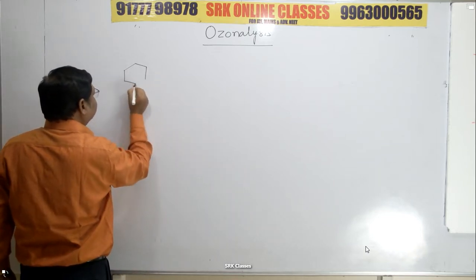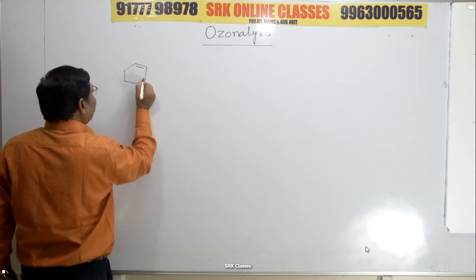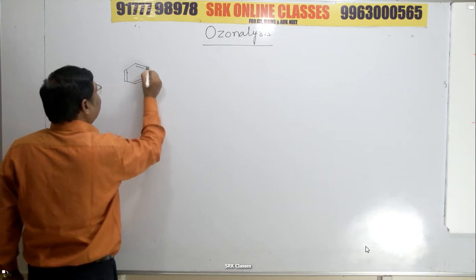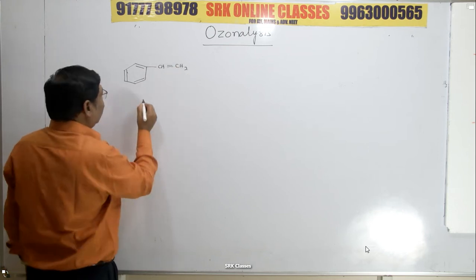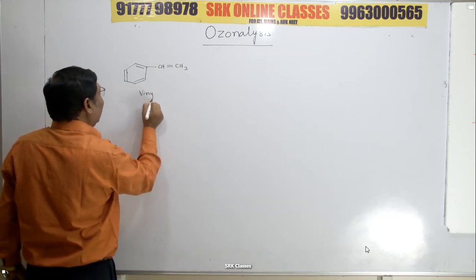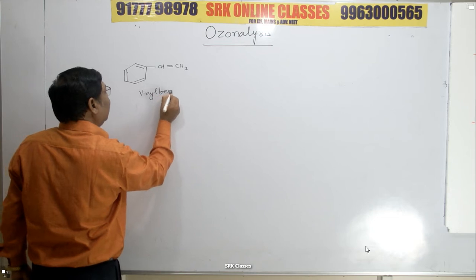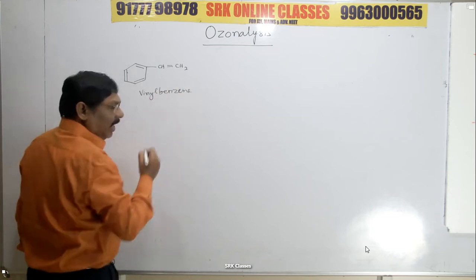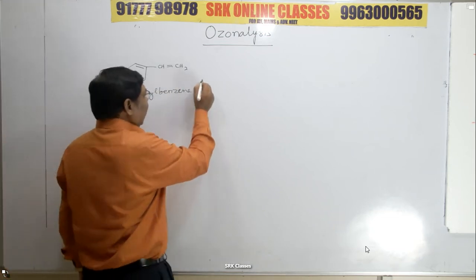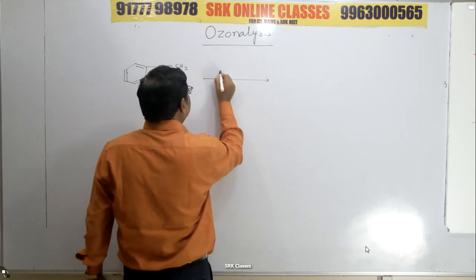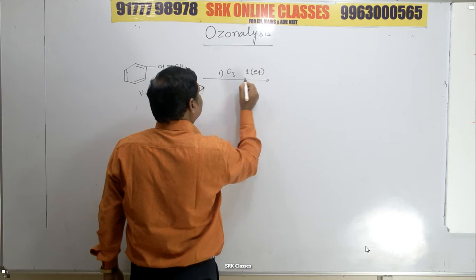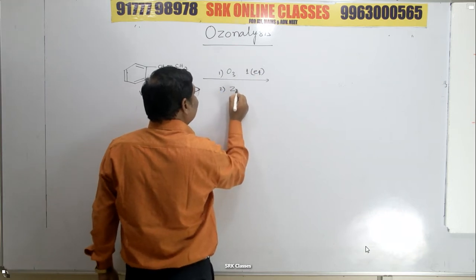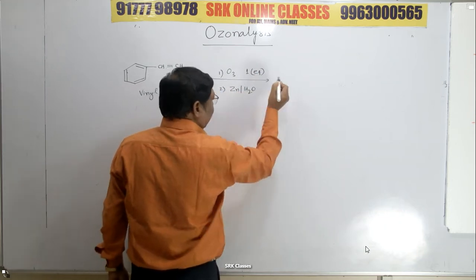This is the structural formula of vinyl benzene, CH double bond CH2. This is called vinyl benzene, also called styrene. Suppose I take ozone, only one equivalent. Second one, zinc and water. Write the product.